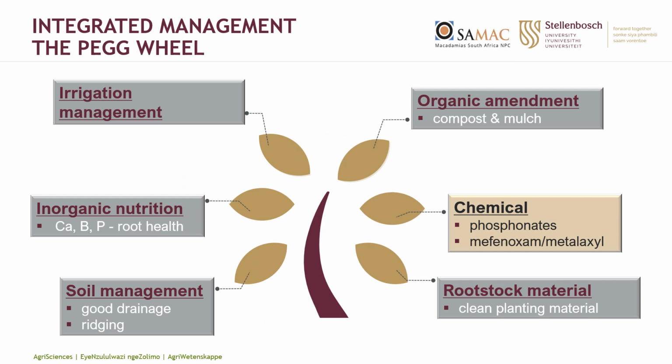Before starting to talk about chemical control, I just want to remind again that it's very important to use an integrated management strategy for controlling Phytophthora. For instance, in Australia and the macadamia industry, organic amendments are used widely, but I do realize that there are some limitations and problems with using this.